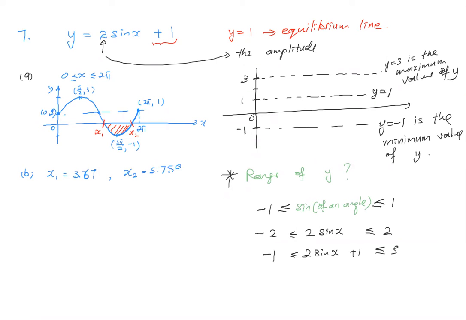5.759. So if I want the area for this case, which one should I write on top? Which one should I write below so that I get a positive value? On top should be 3.67, right? Yeah, you are right. And then the bottom is 5.76. And you put your y1 dx.